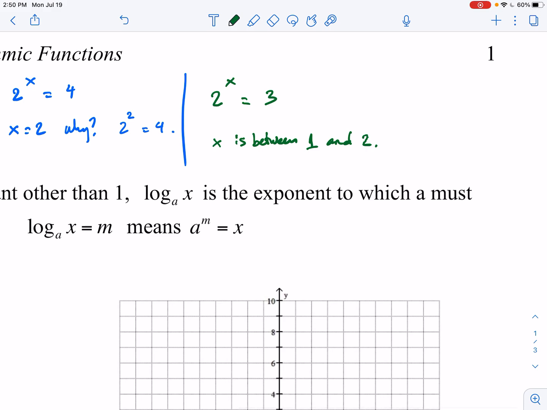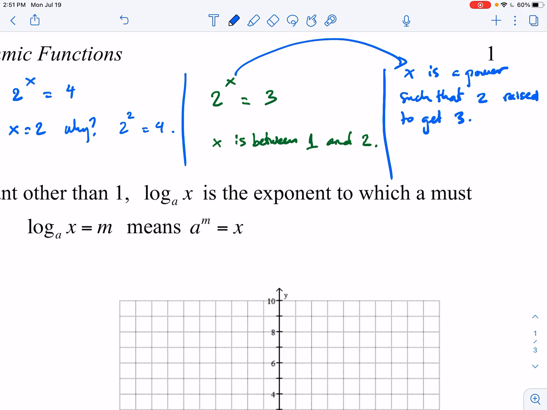So what we can say is that the solution for x is a power such that 2 raised to it gets 3, right? So that's what the solution for that equation is.